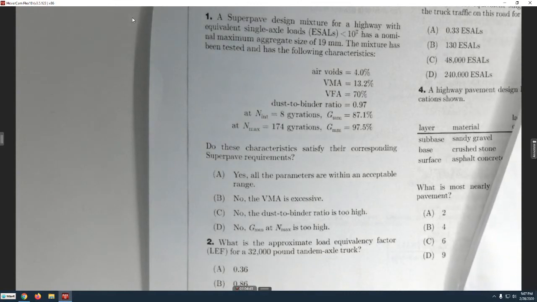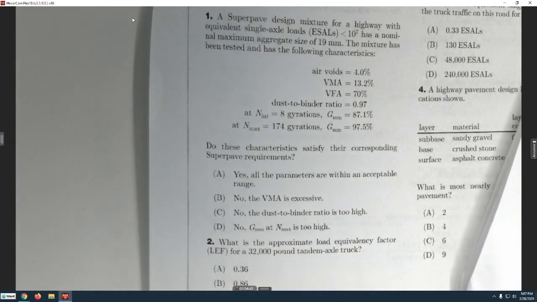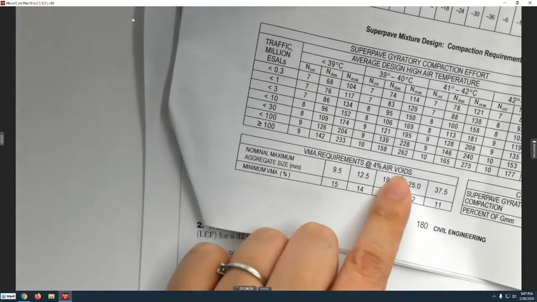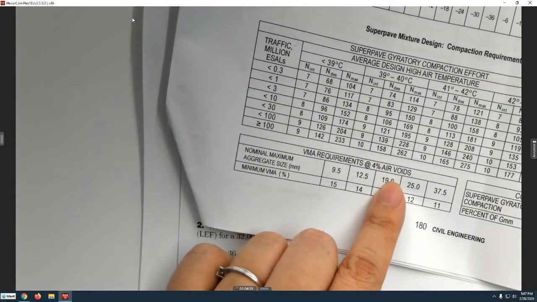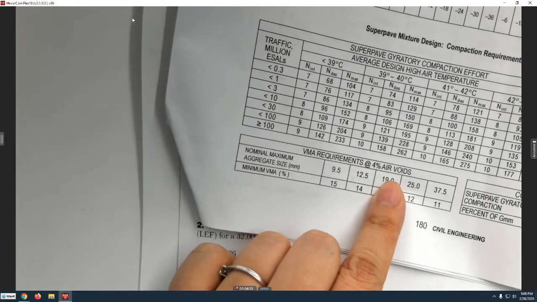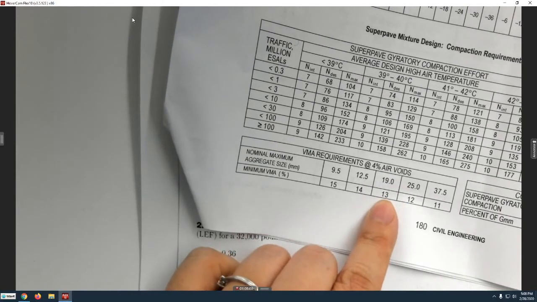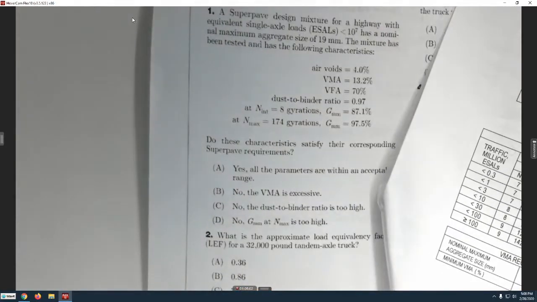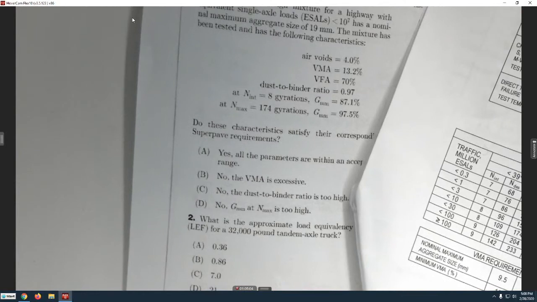So air voids, 4%. For example here, 4% air voids, and then 19 millimeter Superpave mixture. The VMA is 13.